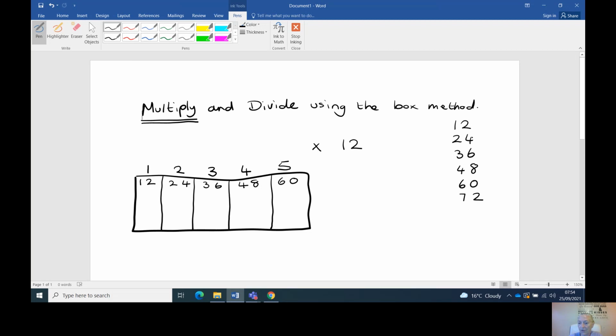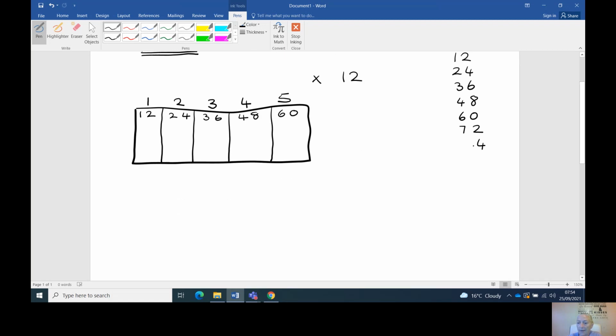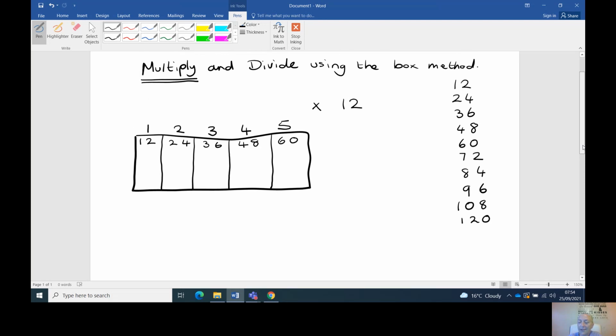Our 2 times table, 2, 4, 6, 8, 10, and that's going up in ones. That must be 96, and that must be 108. And then it's 120. We do skip 1 there. Okay, so there are the 12 times table.